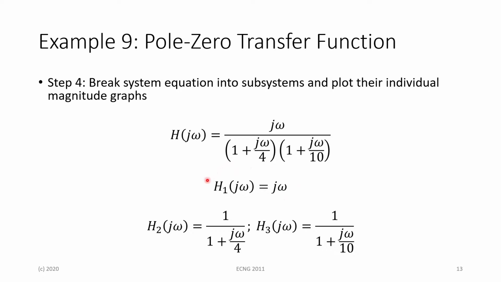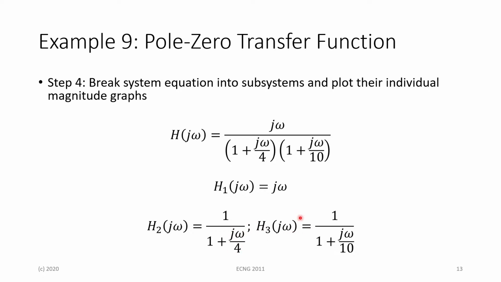So that's going to be positive 20 decibels per decade for this H1(jω) subsystem. H2(jω) is a single pole on the denominator, and that was example 7 in yesterday's lecture. So everything before the pole is going to be 0 decibels per decade, but everything after the pole is going to be minus 20 decibels per decade.